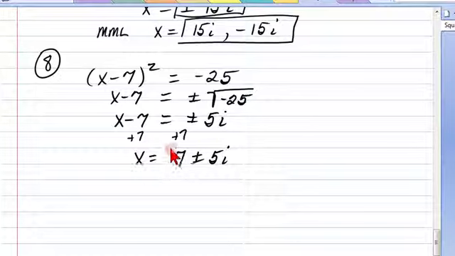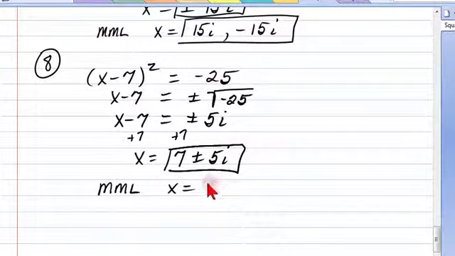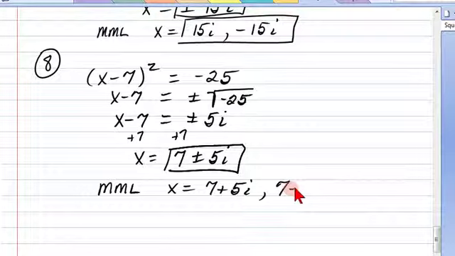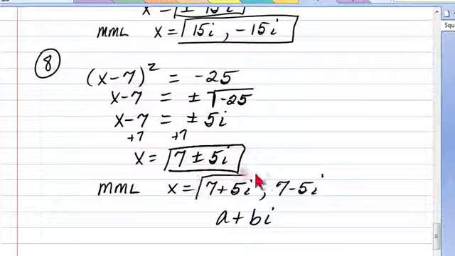So this would be fine for me. My math lab would want x is equal to 7 plus 5i, comma, 7 minus 5i. Do you notice that those two answers are in that standard complex form of a plus bi? And that should happen.